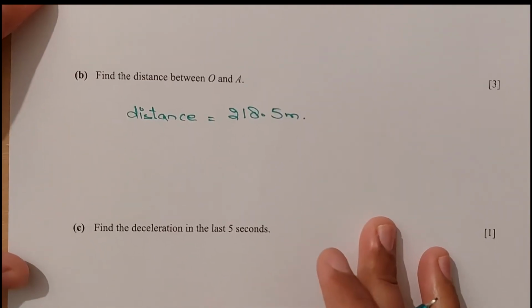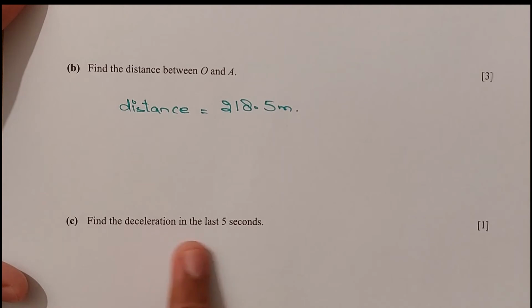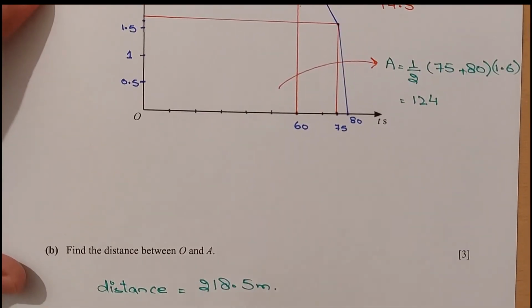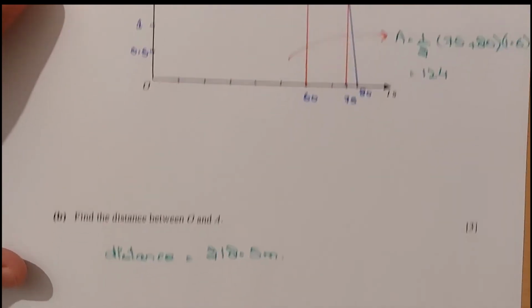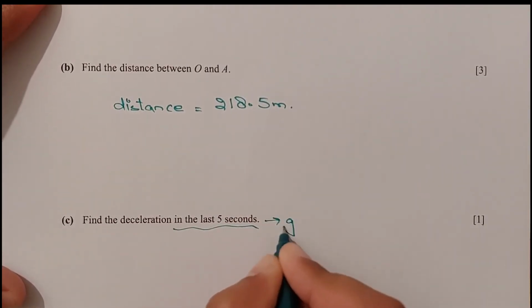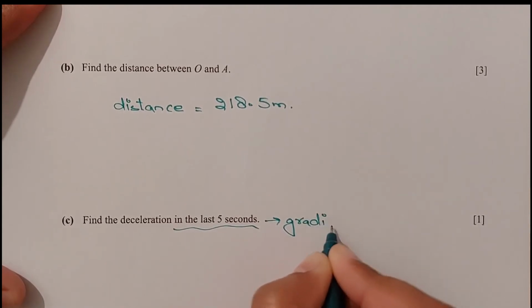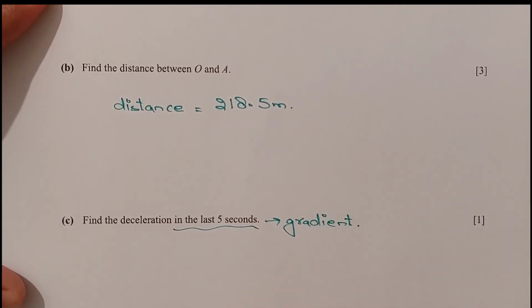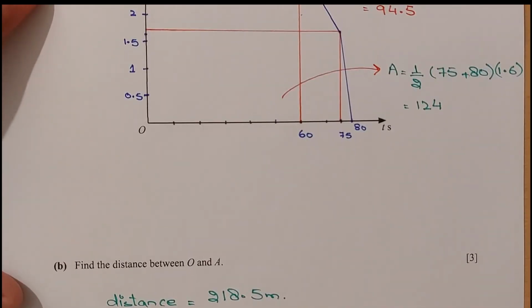Now for part C, find the deceleration in the last 5 seconds. So these are the last 5 seconds, 75 to 80. So deceleration is basically the gradient. We need to find the gradient, right? So gradient is change in y values over change in x values. So what is the y value here?